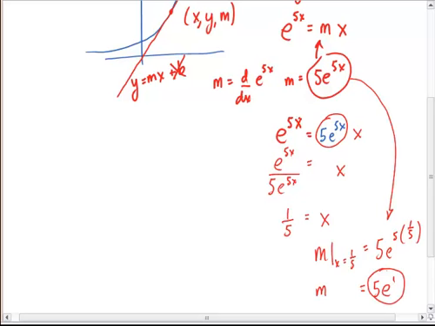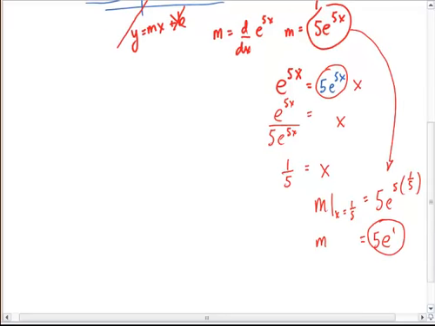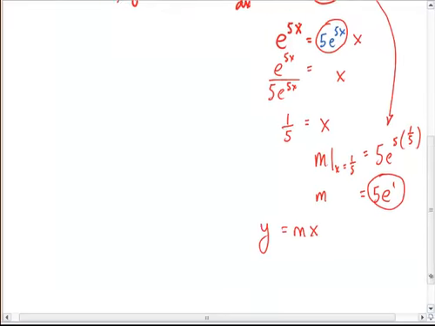This is the value of slope that I need to plug into the original equation, y equals mx, because the purpose of the problem was to find the equation of the tangent line. So I'm going to plug in y equals that slope value, 5e, times x, and this is my equation of my tangent line.